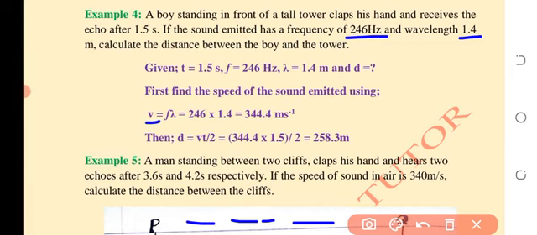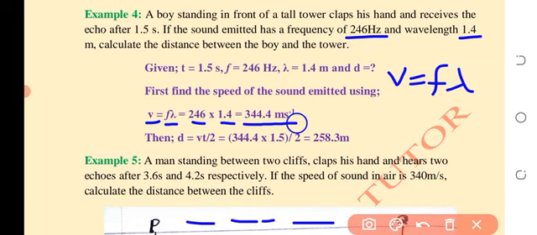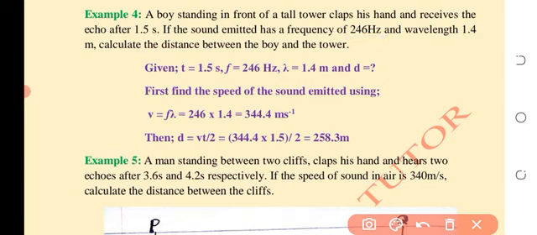Remember the general wave equation: speed equals frequency multiplied by wavelength. Our frequency is 246 and our wavelength is 1.4, so the product gives us 344.4 meters per second. Now we can use this speed in the equation d equals vt over 2, which is used in determining the distance between the source of sound and the reflecting surface.